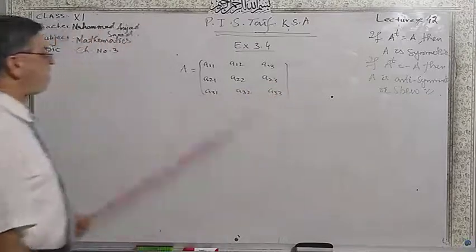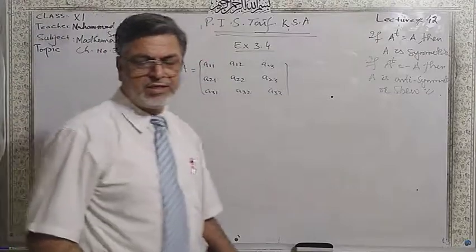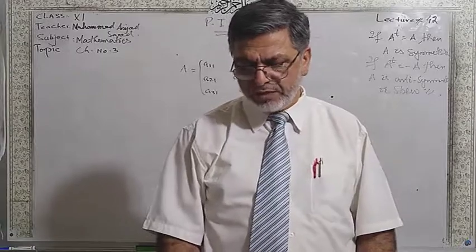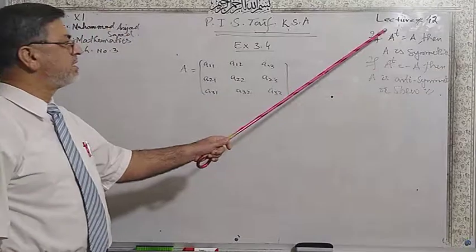Dear students, this is a matrix A with order 3, meaning 3 rows and 3 columns. So I hope that you can complete it by using these formulas.